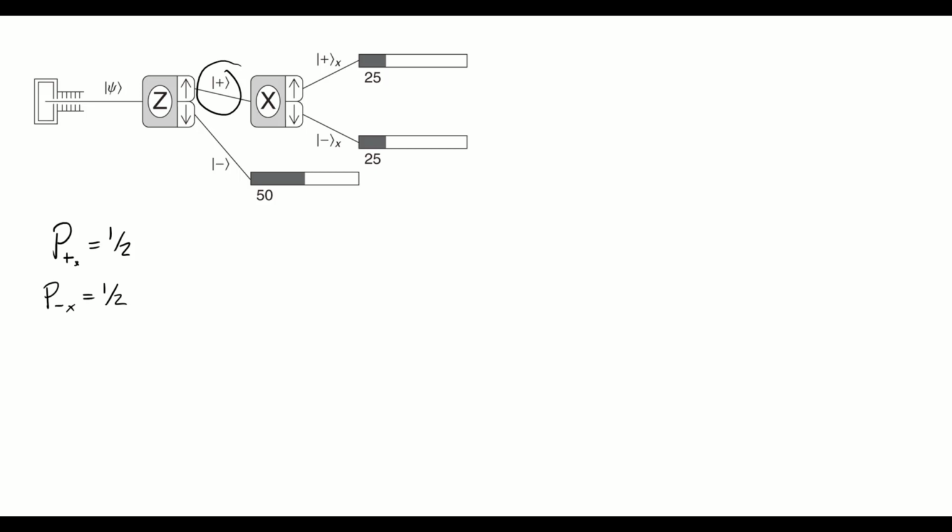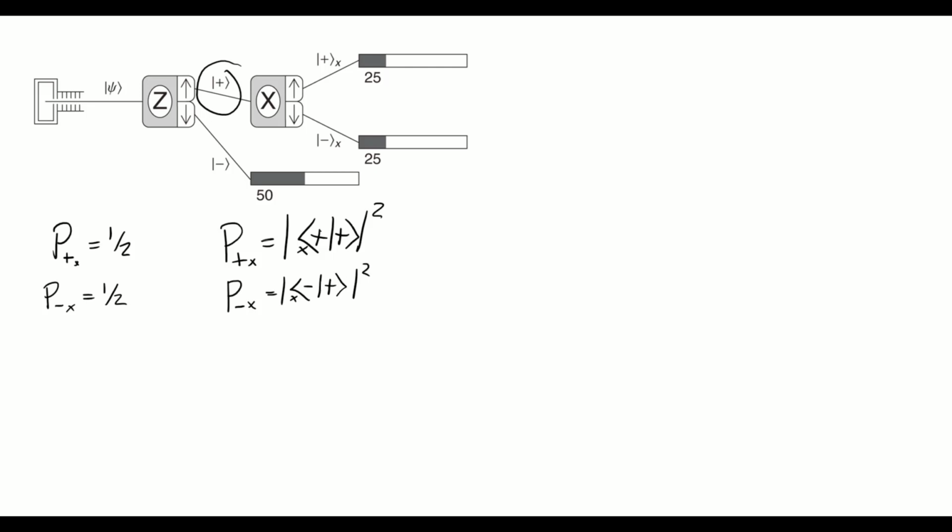So if we want to calculate one of those, the probability of spin up in the x is just going to be the projection of our input state, that spin up in the z direction, onto the measured state, spin up in the x direction, squared, right? And likewise, for the spin down in the x direction, this is going to be equal to the projection onto the spin down in the x direction state of our input state, spin up.